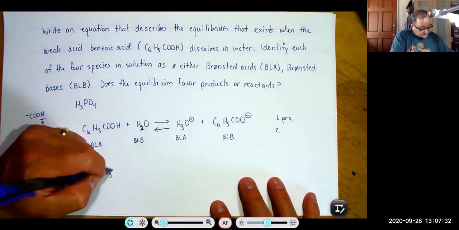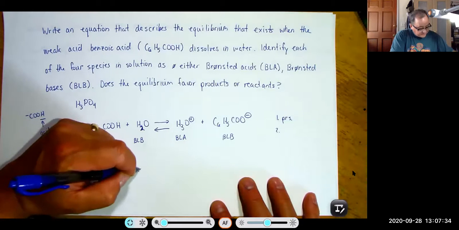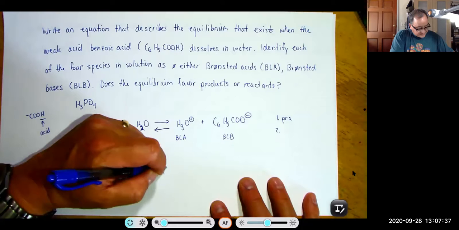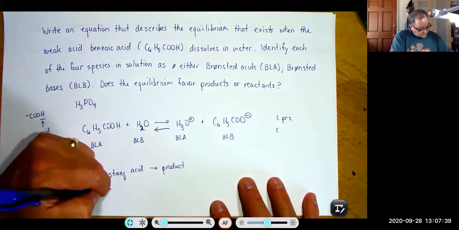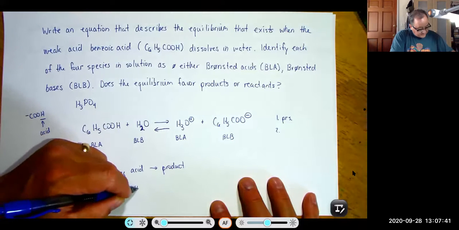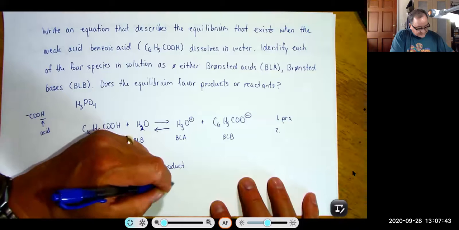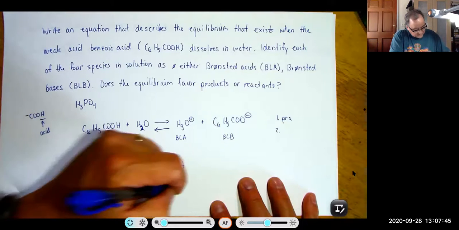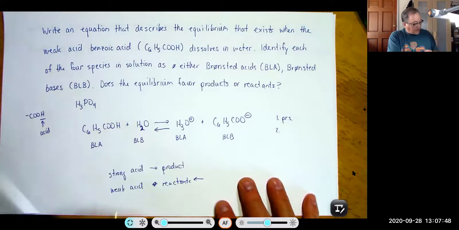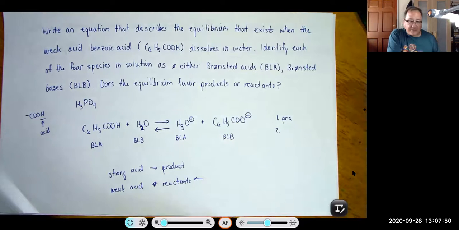Strong acids, you favor the products. Weak acid, you favor the reactants. Okay, so what is our answer to this one? Product or reactant favored?